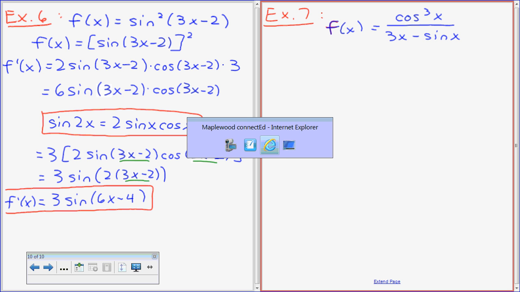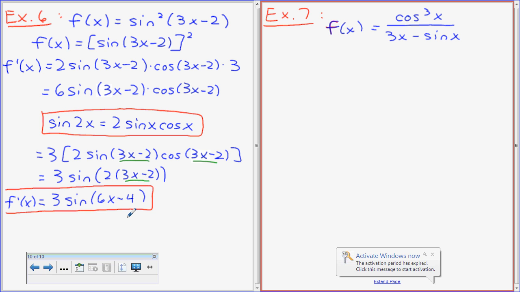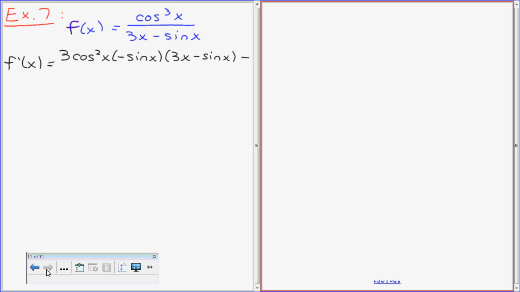Cos cubed x all over 3x minus sine x. And then when I make a mistake, you guys jump like you always do. Okay. So I'm going to say f prime of x equals 3 cos squared x times negative sine x times 3x minus sine x, minus 3 minus cos x, times cos cubed x.